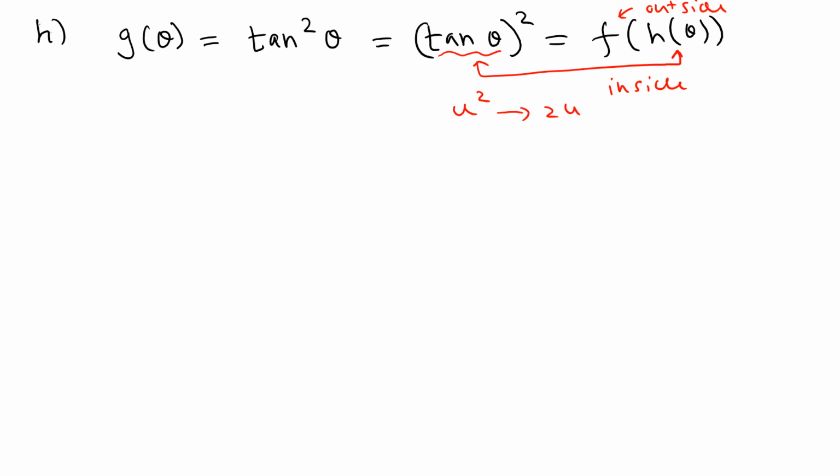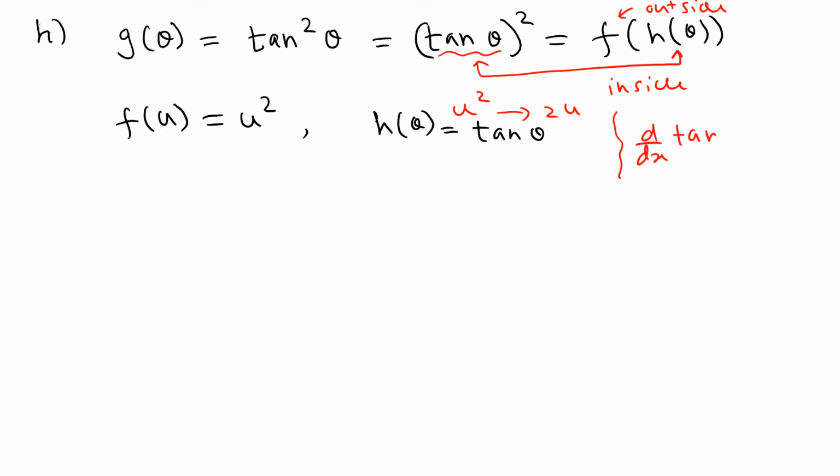So what we have here is f(u), which is u squared, and the inside function, h(theta), is tan theta. And if you recall the derivatives, d by dx of tan x is simply secant squared x. So that's the derivative of tan.